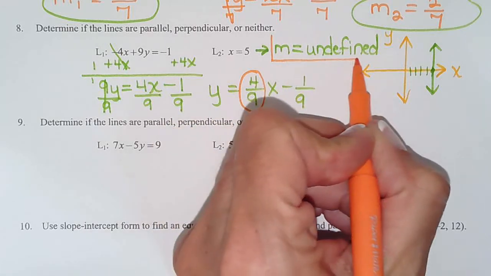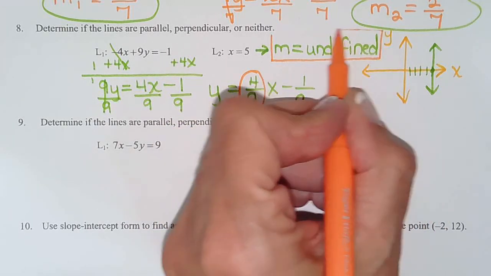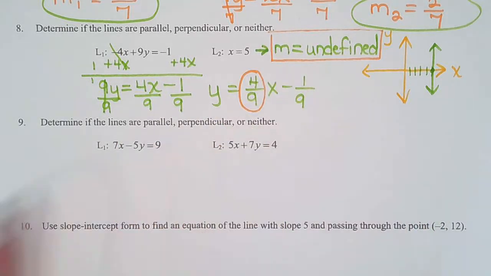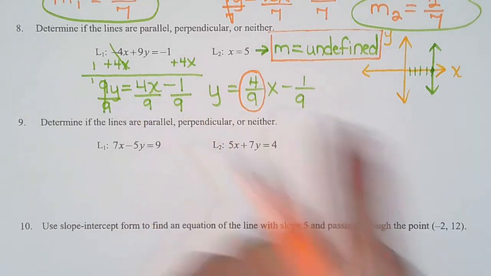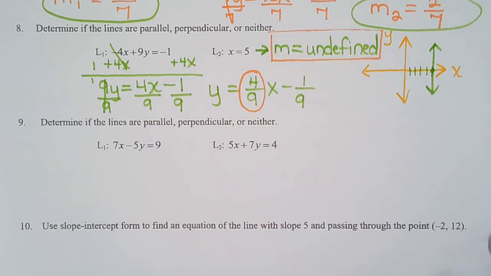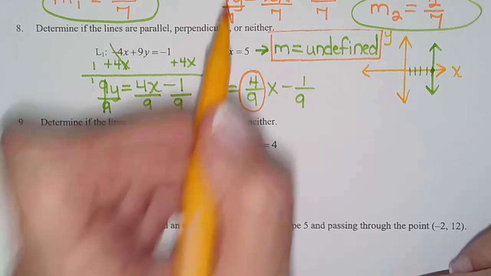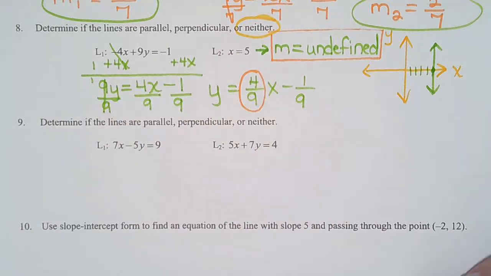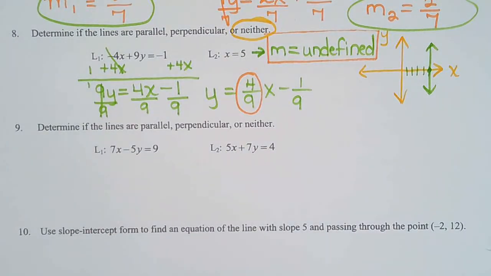So then we have to ask ourselves, okay, are the slopes the same? Absolutely not. Are they opposites and reciprocals? No. So what's our only choice? Our only choice is neither, because they're not the same and they're not reciprocals and opposites.